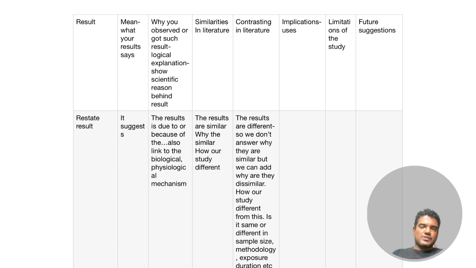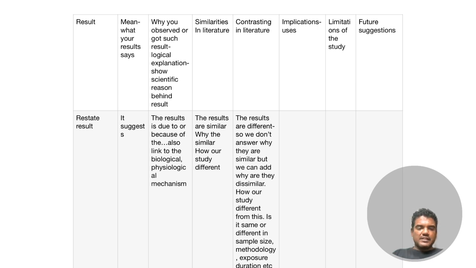So we should write why you observed such a result. We should write a logical, scientific explanation. The logical explanation is that the increased SOD levels are due to the drug that stimulates free radical formation. So that reason, or scientific reasons, we have to write.